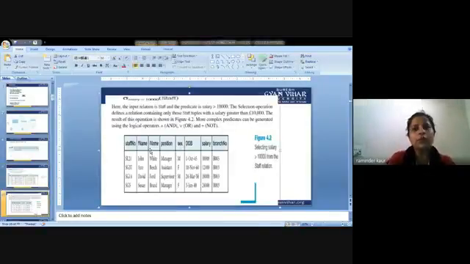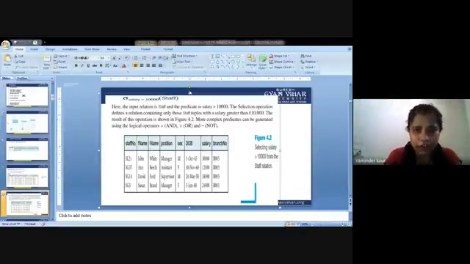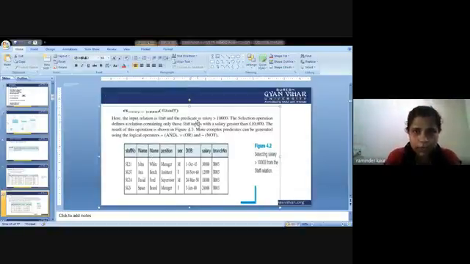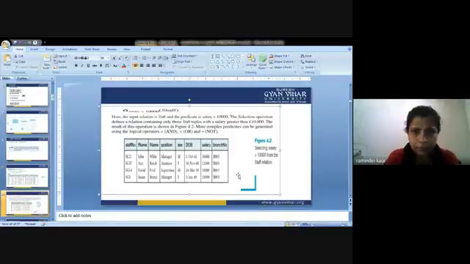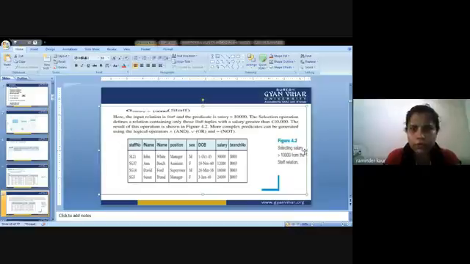So here is the output, 4 records. Here the input relation is staff and the predicate is salary greater than 10,000. The selection operation defines a relation containing only those staff tuples with a salary greater than 10,000.